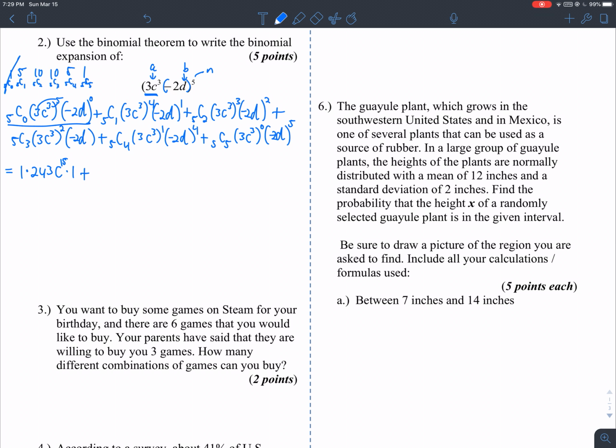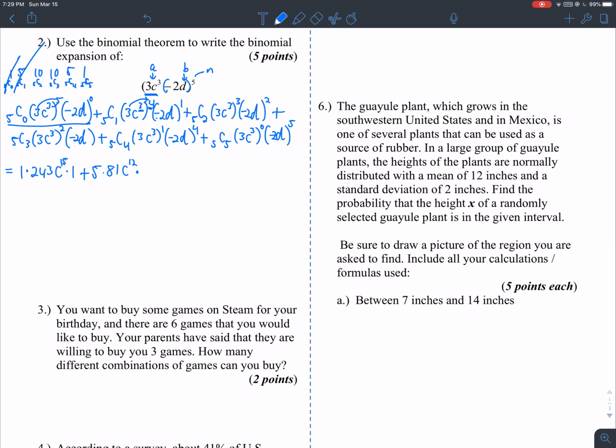Now I do 5 choose 1, and that says it's 5 up there, and then 3 to the 4th power, that would be 81. Okay, and then c cubed to the 4th would be c to the 12th, times, and now I have a problem here.